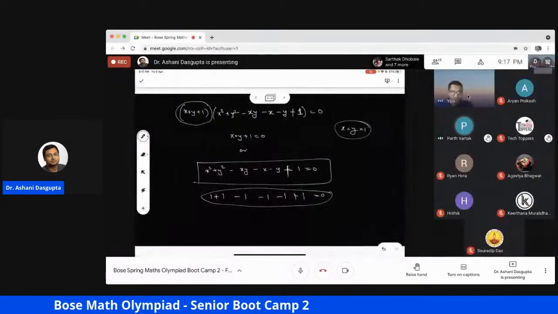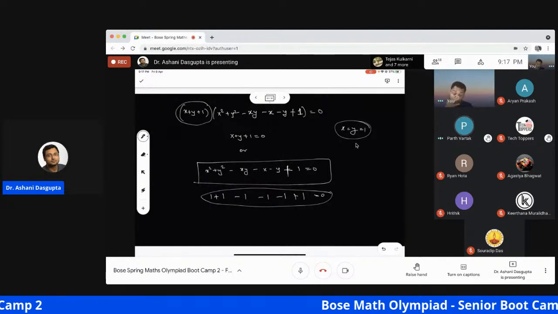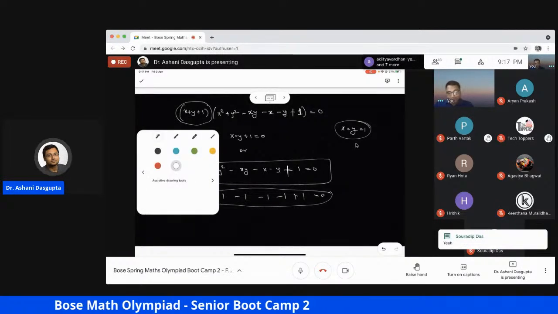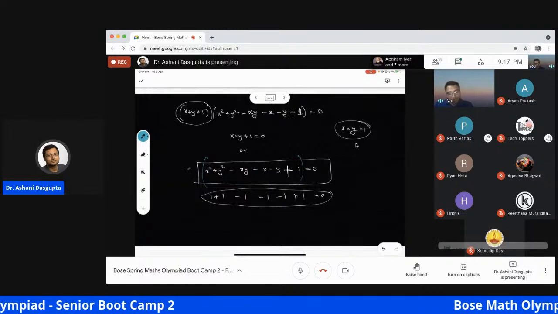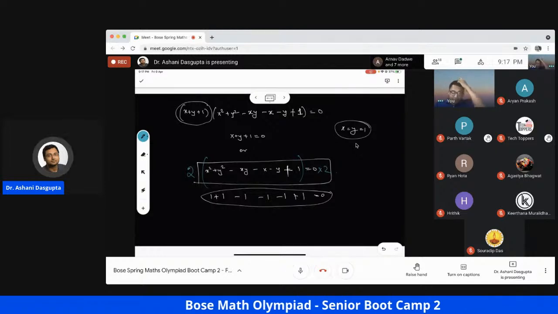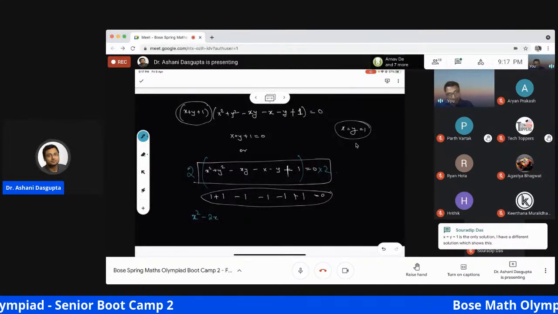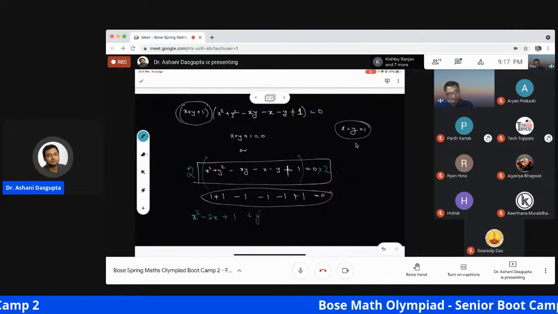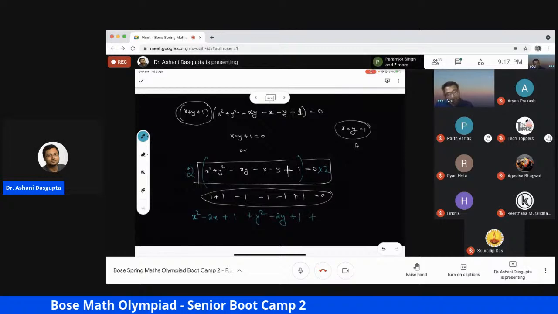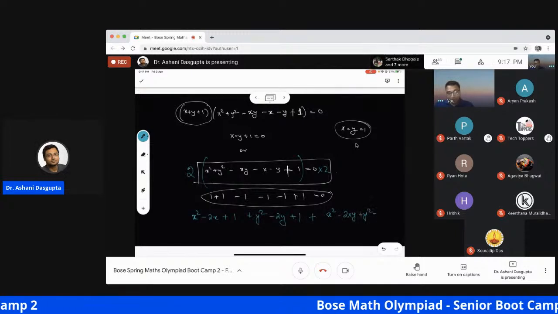We multiply the equation by 2. Excellent. Very nice. So if you multiply this by 2, both sides, you will get x square minus 2x plus 1 plus y square minus 2y plus 1 plus x square minus 2xy plus y square equal to 0.